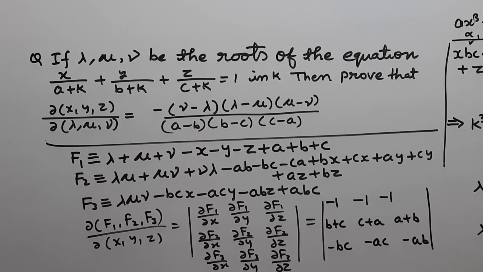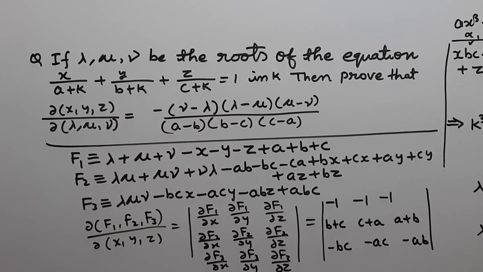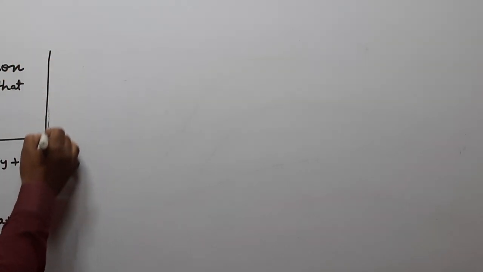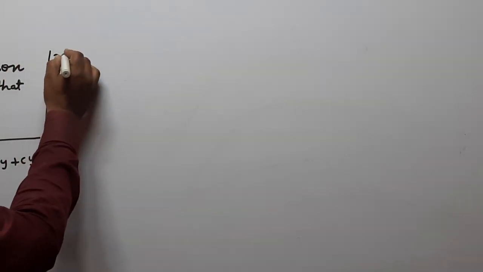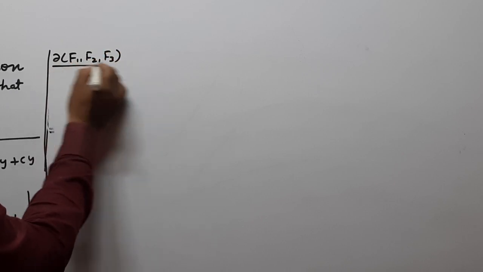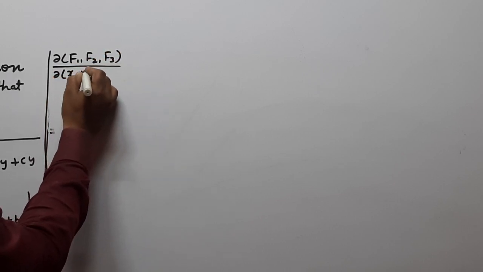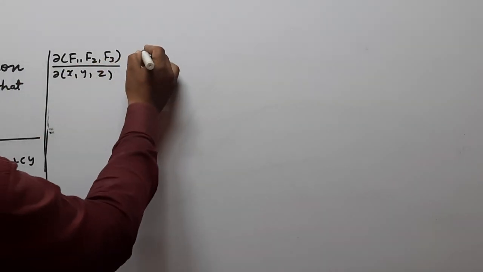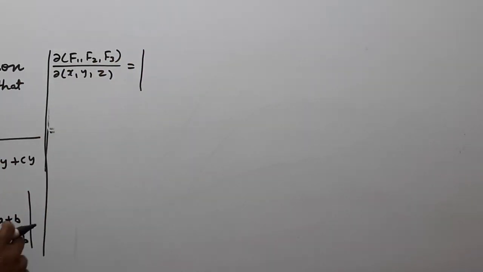Now we solve this determinant and find the value of this third order determinant. So del f1, f2, f3 divided by del x, y, z can be written as, here we solve this third order determinant.